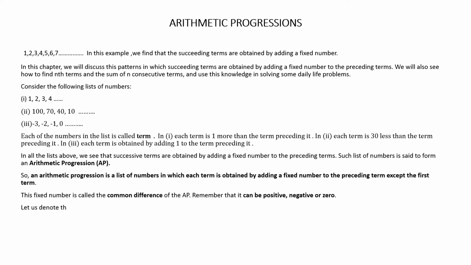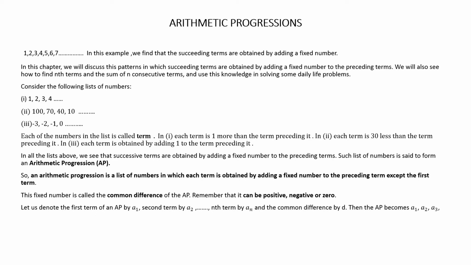Okay, now see, let us denote the first term of an AP by a1, second term by a2, and so on, and the nth term will be denoted by an, and the common difference is denoted by small d. Then the AP becomes a1, a2, a3, a4, dot dot dot an.